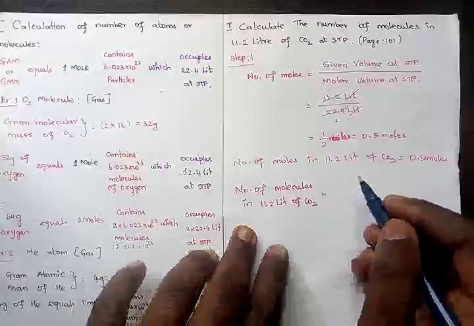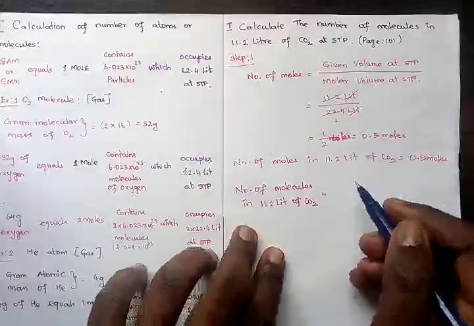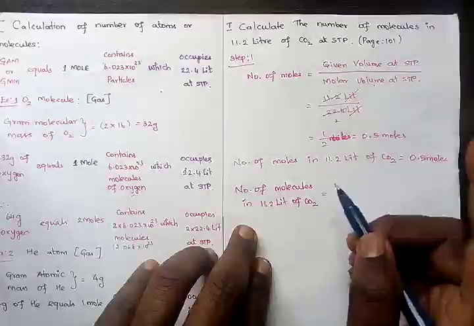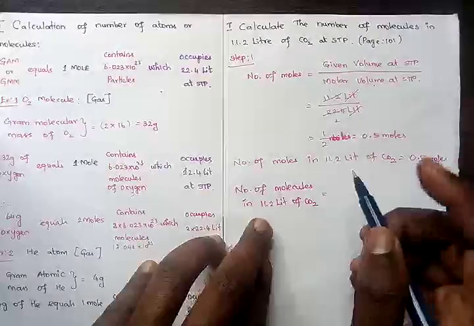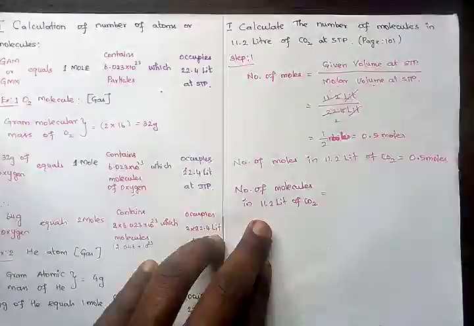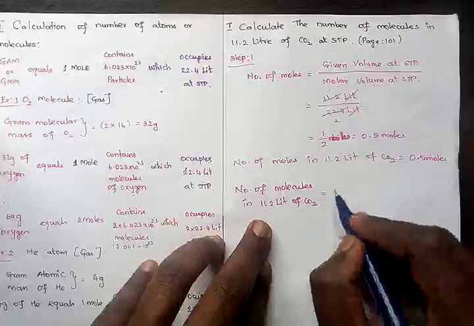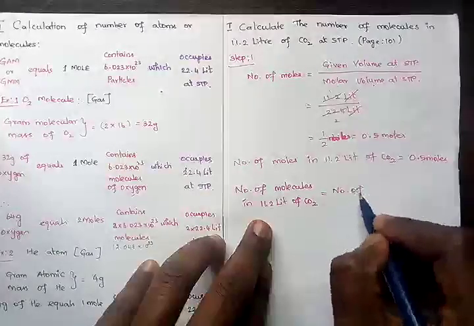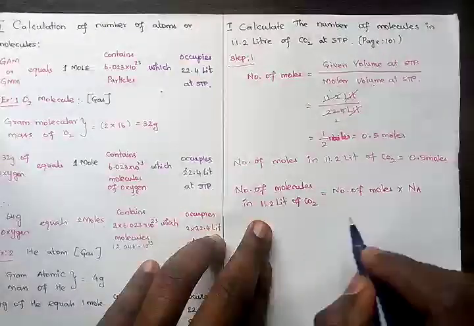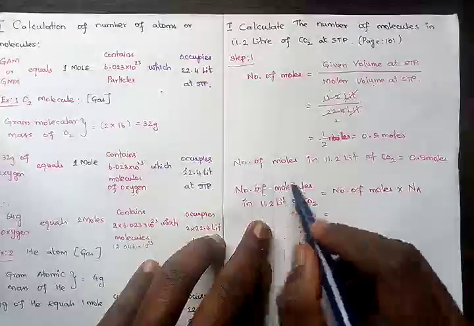We know that 1 mole of any substance contains 6.023 into 10 to the power of 23 particles. So if you multiply the number of moles into Avogadro number, we will get the number of molecules.